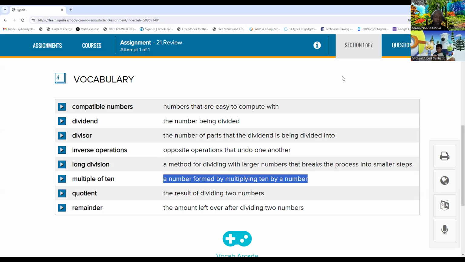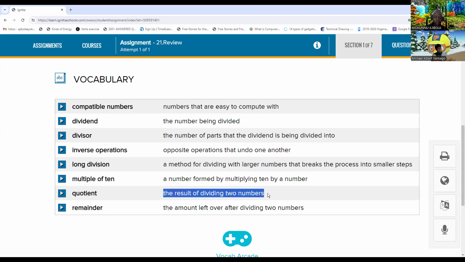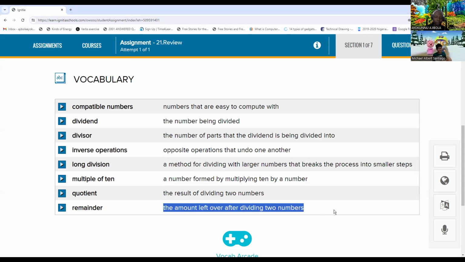A number formed by multiplying 10 by a number. So when you multiply 10 by a number, the answer is a multiple of 10. What about quotient? The result of dividing two numbers. And finally, remainder. The amount left over after dividing two numbers.